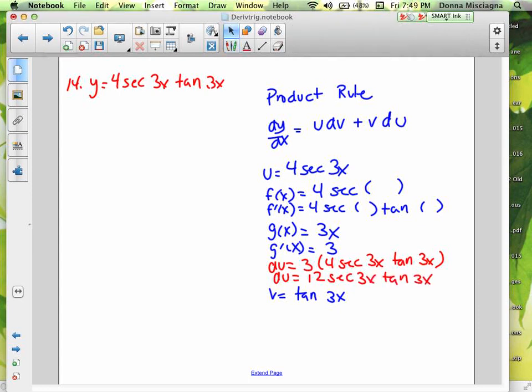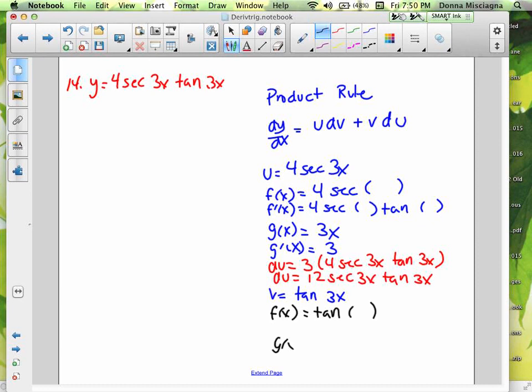All right, so now same thing, new function. So the outside is the tangent blop, and the inside is the 3x. The derivative of tangent blop is secant squared blop, and the derivative of 3x is still 3.